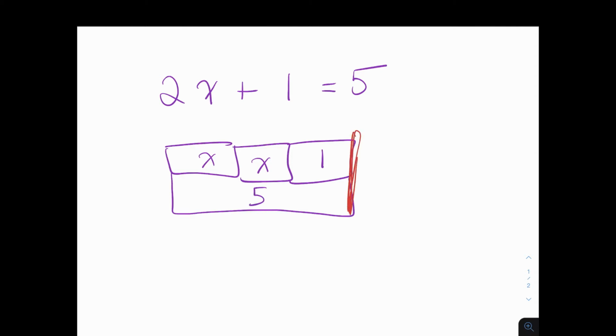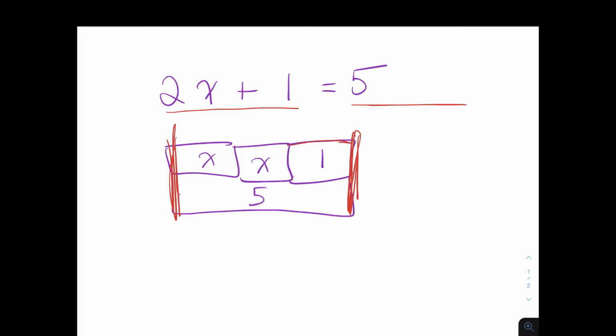Now if we know that it's going to be equal, 2x plus 1 is definitely going to be equal to 5. They balance the equation. So these ends will not move. Do you have to draw things to scale? Meaning, does 1 have to be 1 block and 5 be 5 blocks? No, it can be a general area.